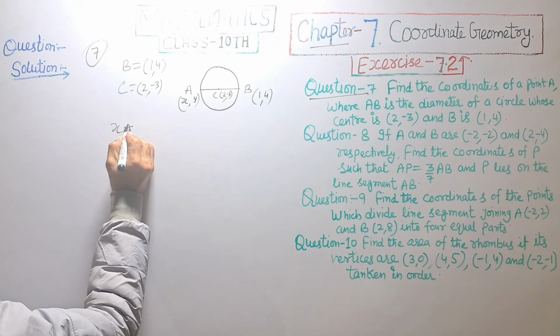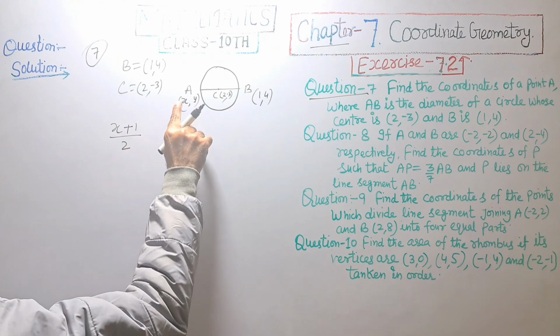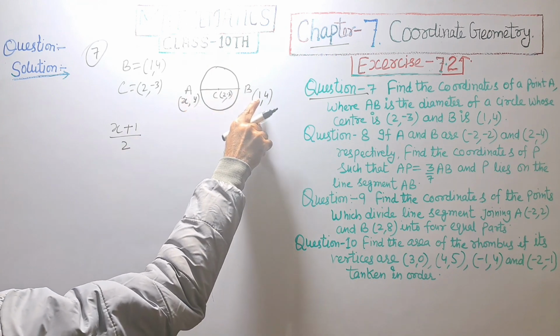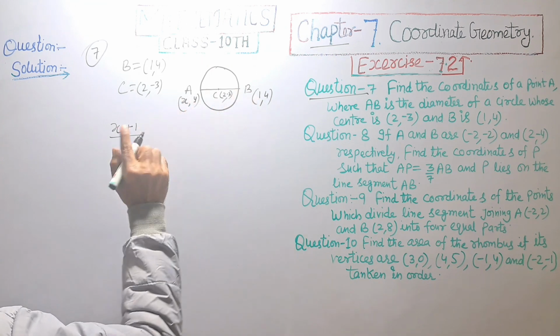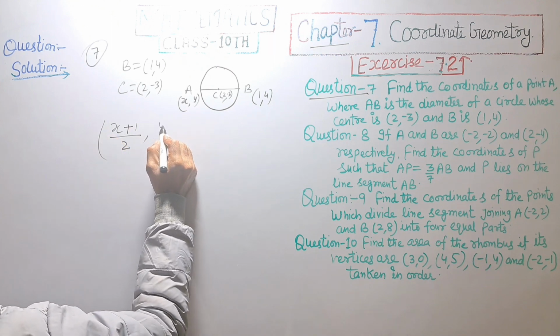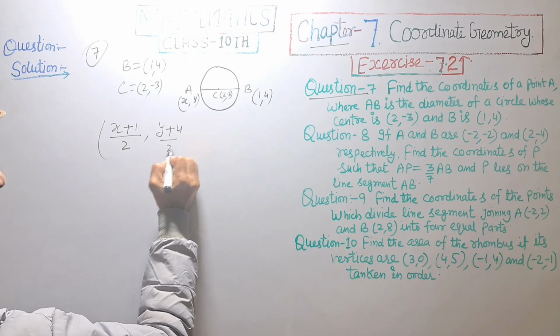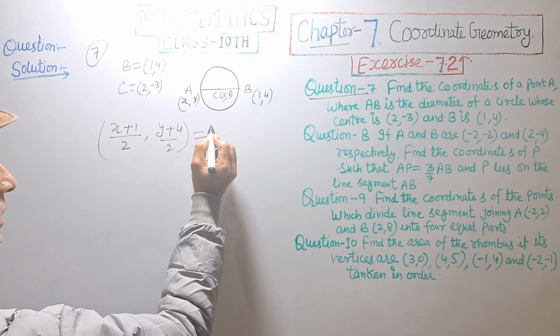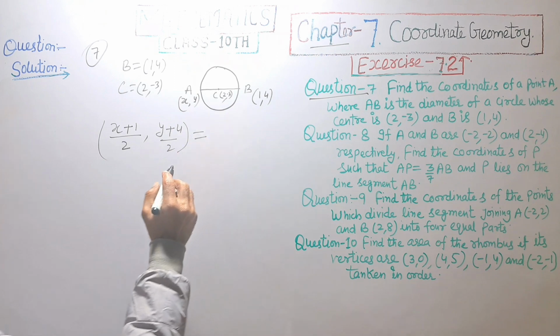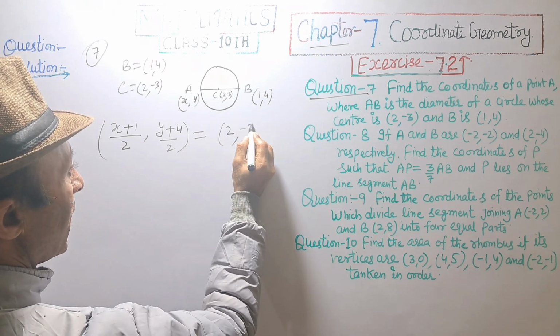(x1 + x2)/2, (y1 + y2)/2, that is (x + 1)/2, (y + 4)/2, is equal to the center point (2, -3).